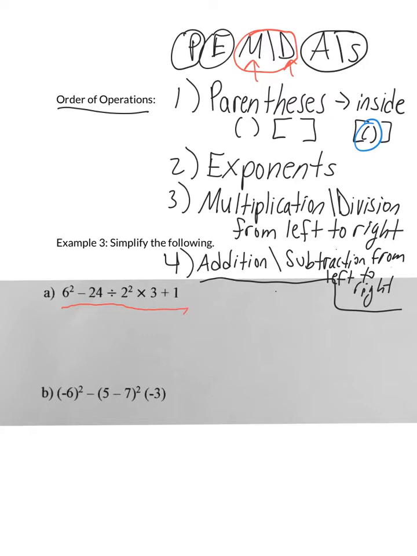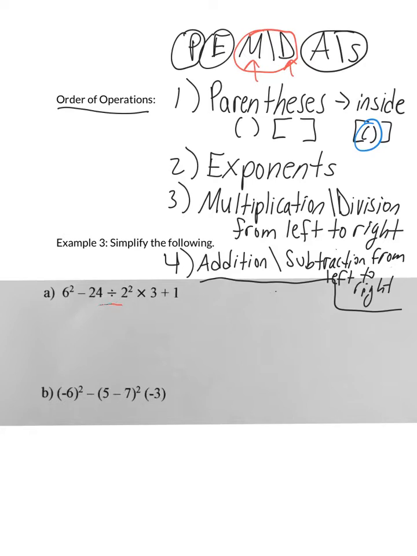Please be aware in the homework, sometimes with times they'll use the traditional times symbol like this. Sometimes they'll use parentheses. Sometimes they'll use a closed dot. There are so many different ways, but it all means multiplication. So just be on the lookout for that. Okay, so here we go through the steps.